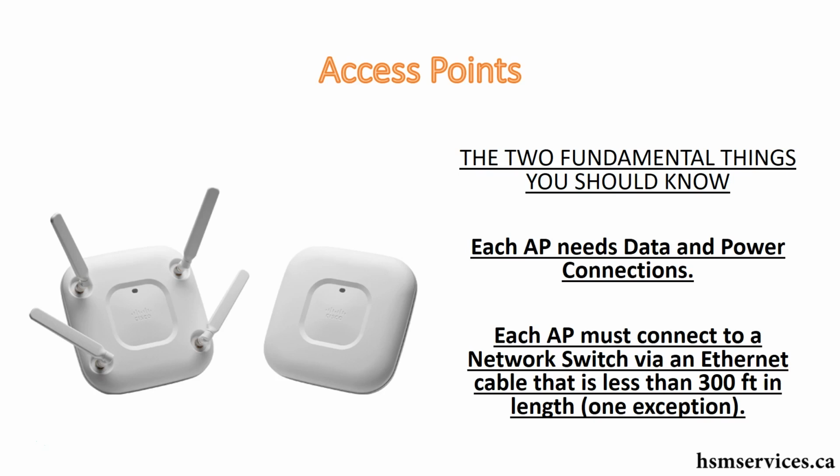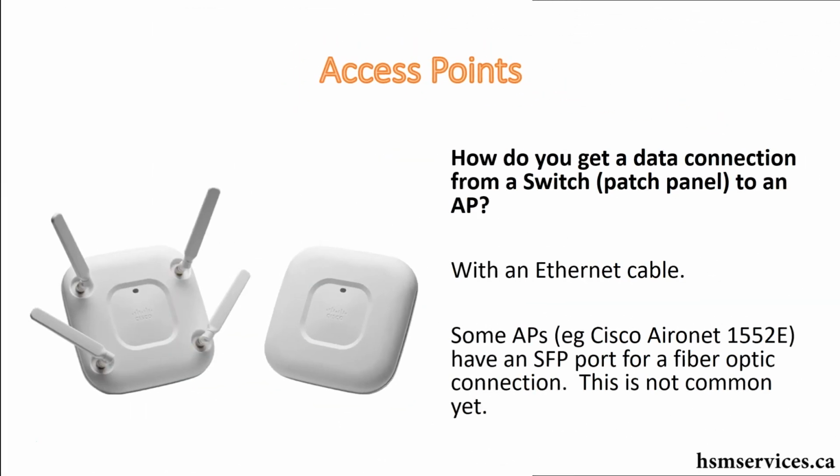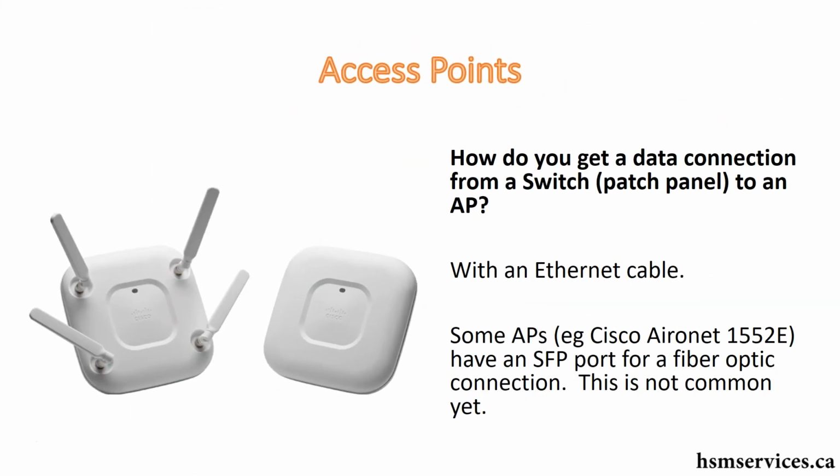As far as data goes, it's obviously getting plugged into a network switch, and that means you need an Ethernet cable from the AP to the switch, and the network cable has to be 300 feet or less. That's the standard. If you run the cable more than 300 feet, then maybe you won't get as good a signal, if at all. And there's an exception, which we'll talk about. So, how do you get data from a switch to an access point? Well, you need an Ethernet cable, like I said.